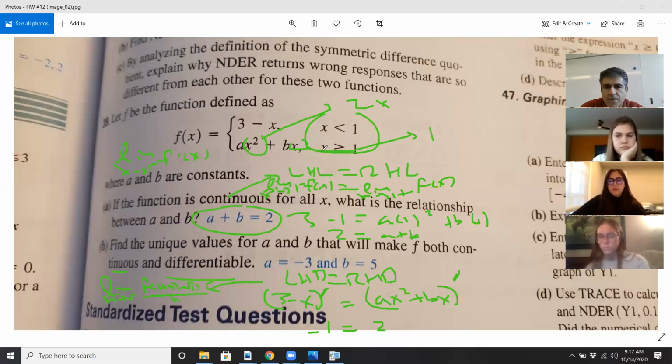Then you have your coefficients. So in this case, you're going to say a times 2x plus b times 1. Then you can plug in 1 for x. So you get 2a plus b.